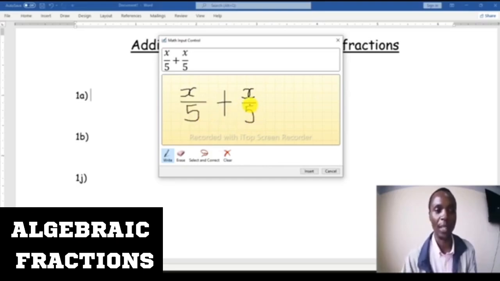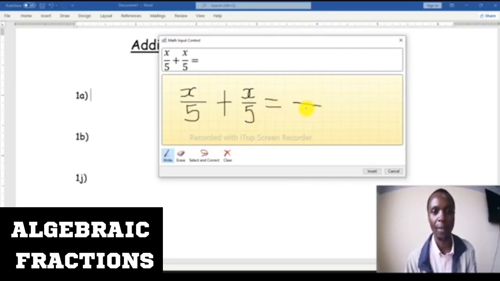What we simply do is, in the answer, we only need to maintain the same denominator. Our denominator here is 5, so we maintain it.